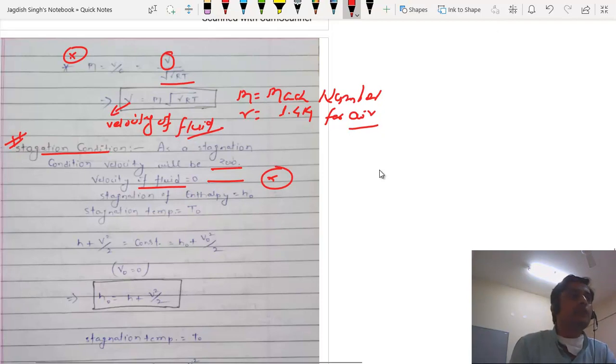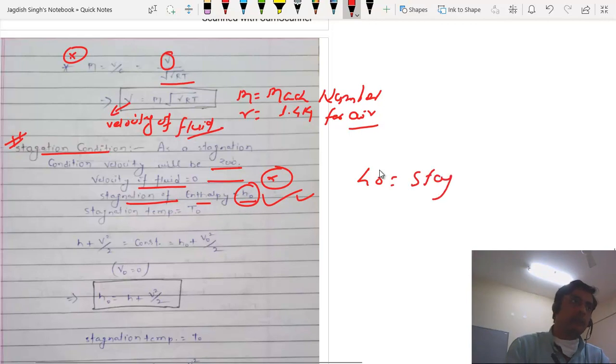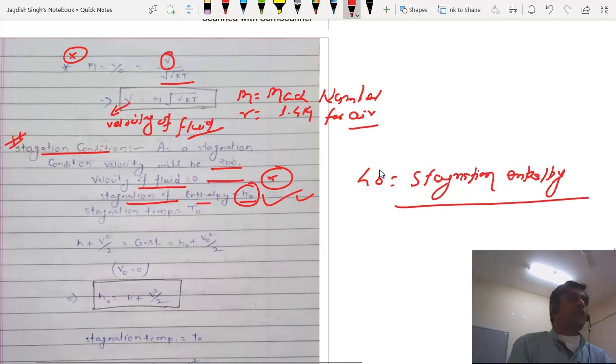At this condition, the enthalpy of fluid is H naught. What is H naught? H naught is stagnation enthalpy. We know this equation, H plus V square by 2, where V is the velocity.